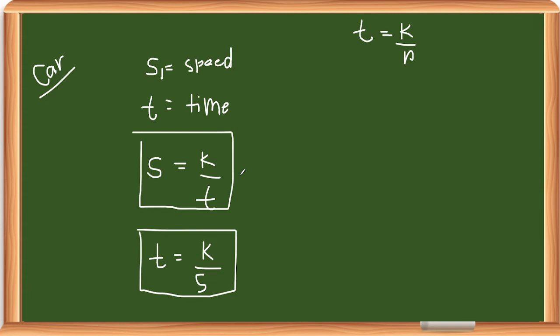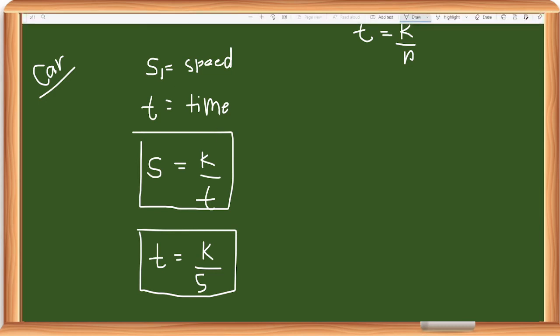Let's see. Kuha tayo ng example. If, for example, A varies inversely as B. Okay, so what is the value of B?